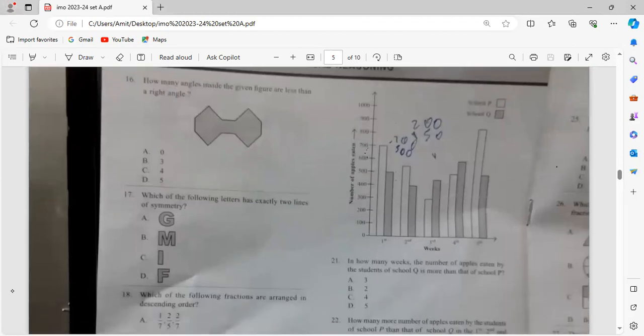How many angles inside the given figure are less than a right angle? So if you see, less than a right angle will be... this is an obtuse angle, this is a reflex angle, reflex angle, reflex angle, obtuse angle, obtuse angle. So these are not the ones. Then if you see this, these are right angles.